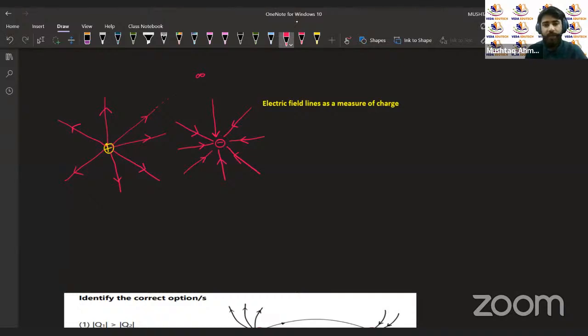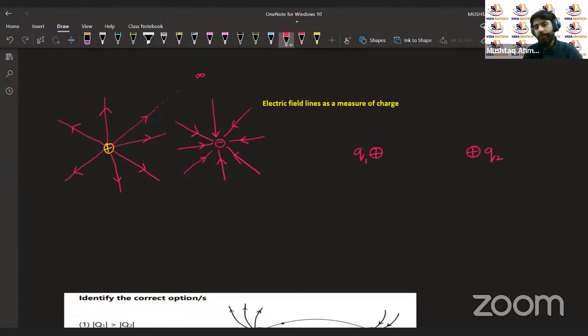The next property is that electric field lines give us a measure of a charge. Let's suppose this is the charge Q1, and this is one more charge Q2.